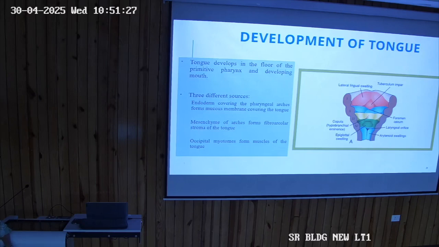Anyone? Yes, paraaxial, intermediate, lateral plate. Very good. अब इन तीनों में से किसके अंदर somites form होते हैं? Paraaxial. So these are developed from the occipital somites, from the paraaxial mesoderm.